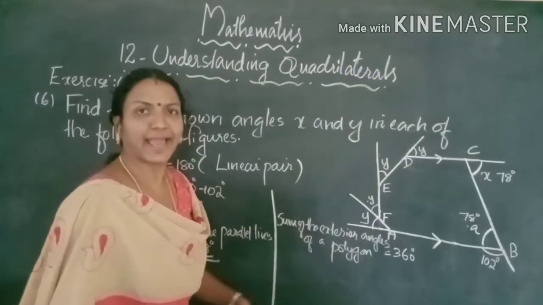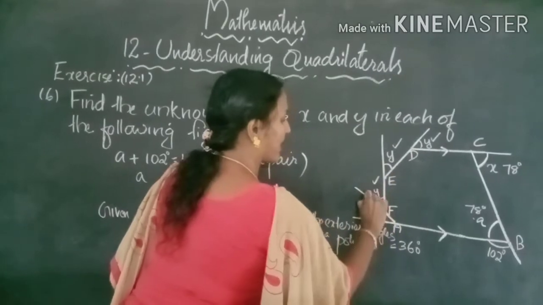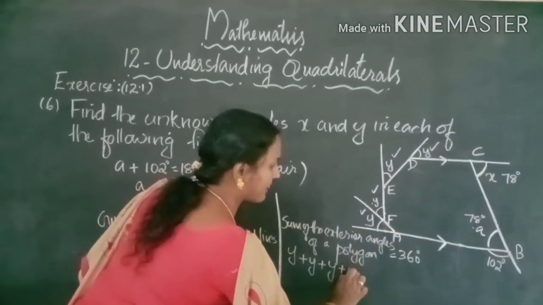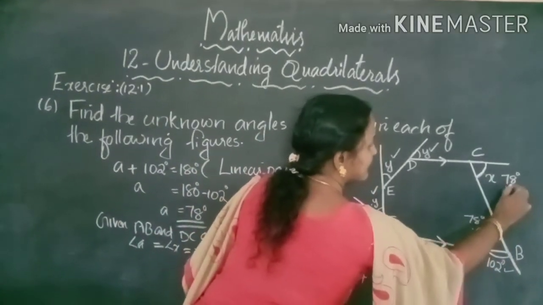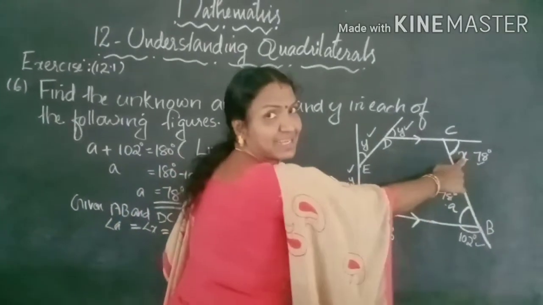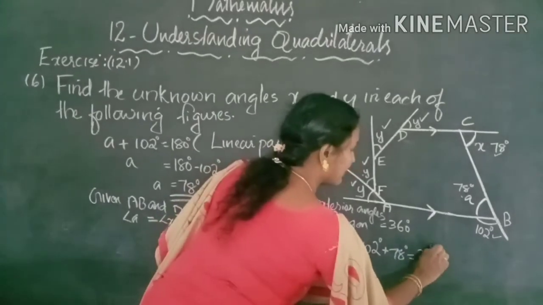So adding all the angles: y plus y plus y plus y plus 102 plus 78, where 78 is x, is equal to 360 degrees.